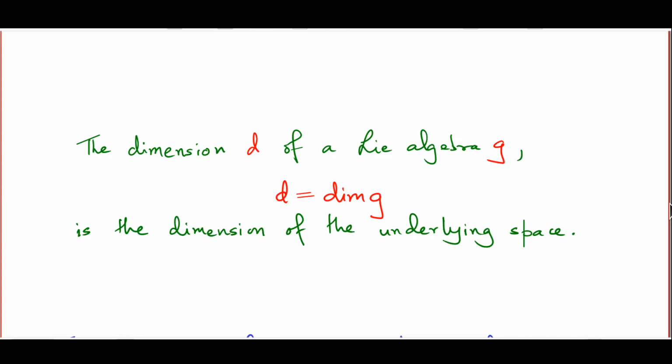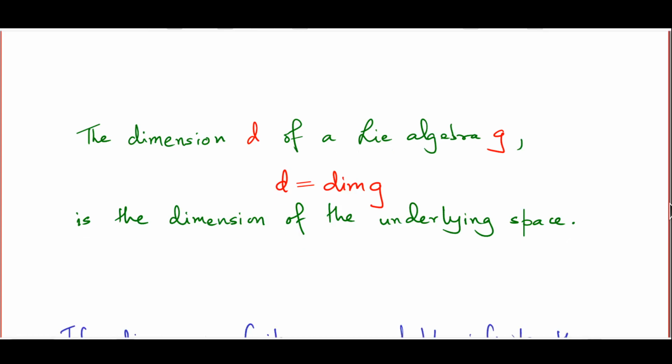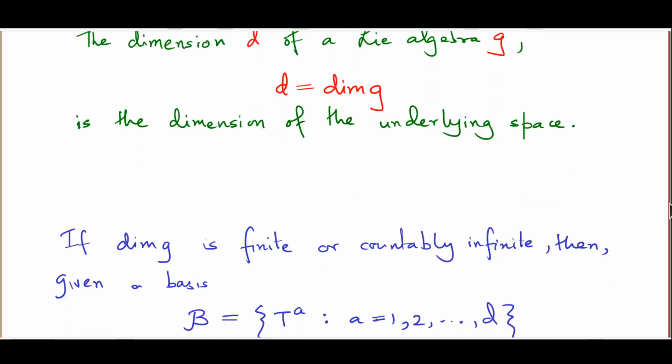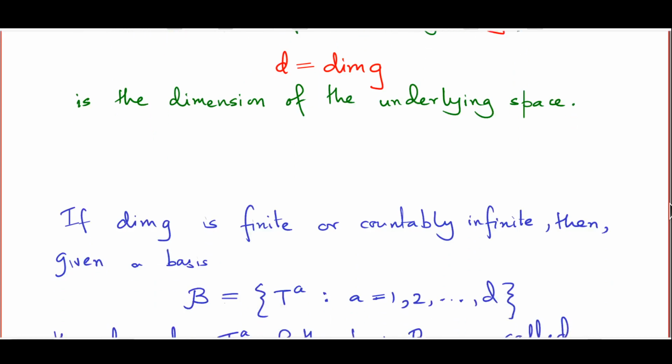Now, closely connected with the notion of dimensionality of the vector space is the notion of a basis of that space. So if dim G is finite or countably infinite, then we can write down a basis B of the underlying vector space with a countable sequence of elements from the vector space, T1, T2, T3 up to Td if D is finite, or an infinite sequence of such T's if D is infinite, but countable.